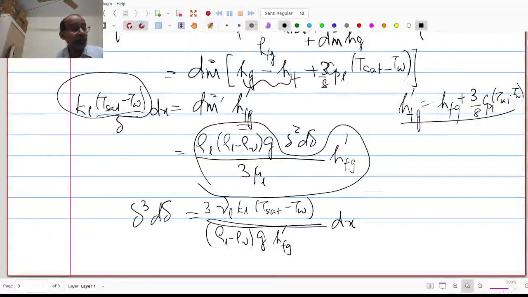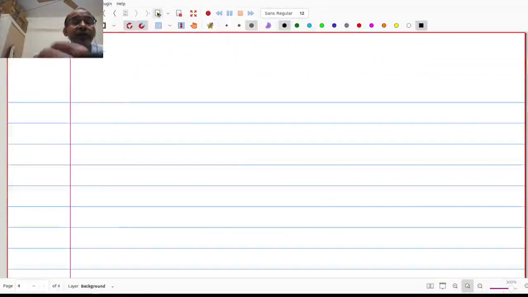Now, I know that delta at x equal to 0 is 0. So if I integrate this, I get a fourth power expression for delta.